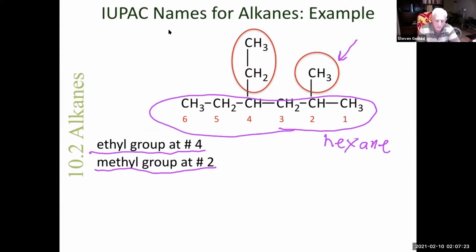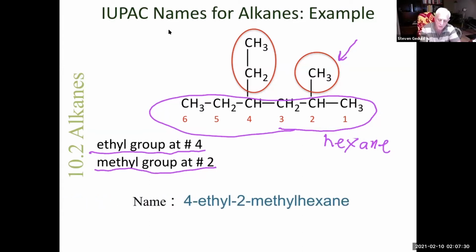So the name of this would be 4-ethyl-2-methylhexane. It tells you there's a 2-carbon group at number 4, a 1-carbon group at number 2, a 6-carbon chain, and it's all single bonds.